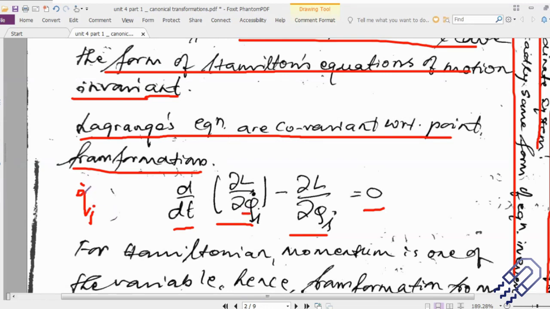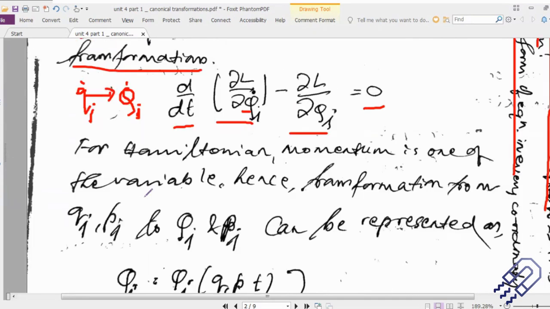We are going from the small qj system to the capital Qj system. Slowly it will be clear why we are doing it. We definitely have an important intention behind this. So we have got Lagrange's equation, and its form will definitely remain the same. That is very important.